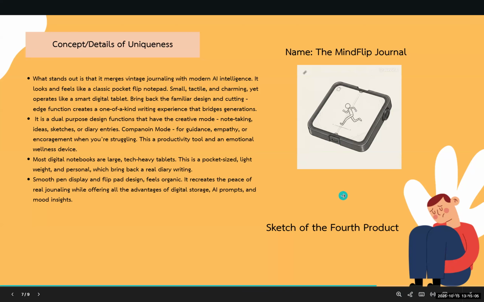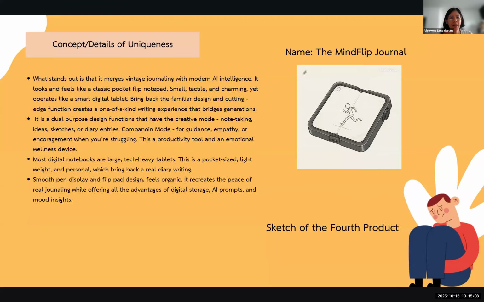So it's similar to an ebook, but ebooks you can flip as well actually. This one is more like physically flip. There's a line here, so you can flip the book just like a notepad, but you can digitally draw or take notes, and it also has AI implanted in there, so it can help you write, or when you're in a situation where you're really in a downtime, this is the companion that you can stick with.